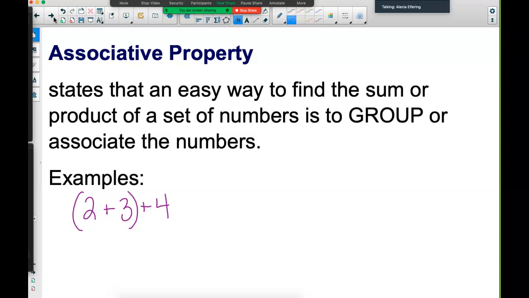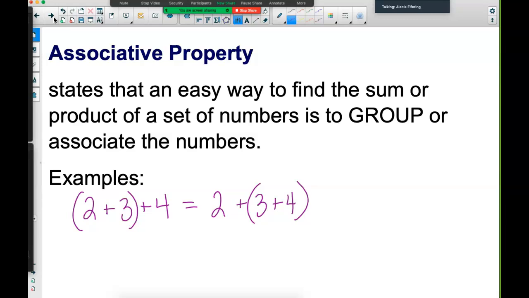So 2 + 3 + 4, but I'm going to group the 2 and the 3 together, so I have to add that first. Well, that would be the same as saying 2 + 3 + 4, but grouping the 3 and the 4 together and adding that first. Either way, we still get an answer of 9. So whether we add the 2 and the 3 first, or we add the 3 and the 4 first, we're just changing our grouping.